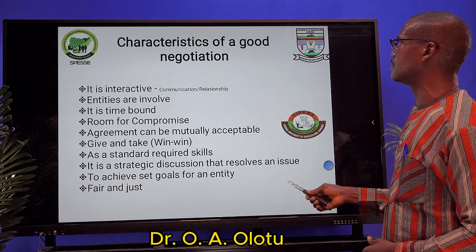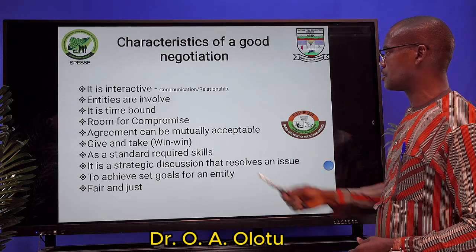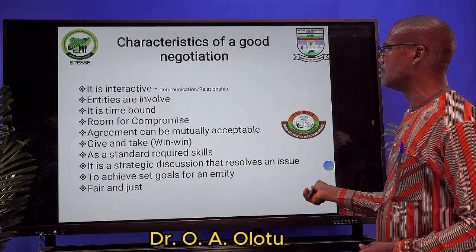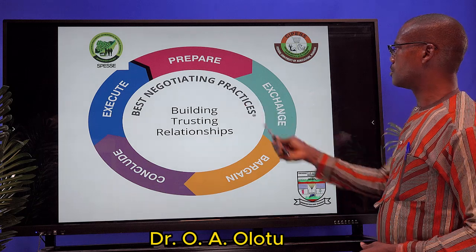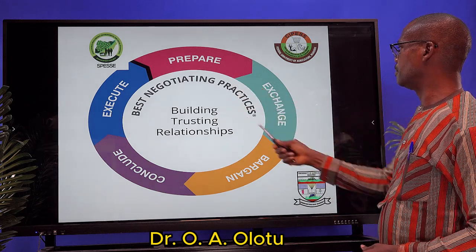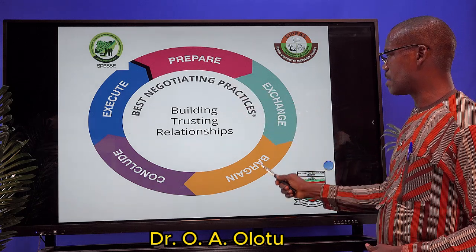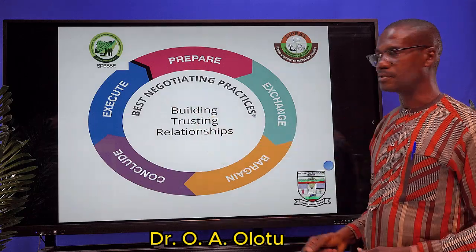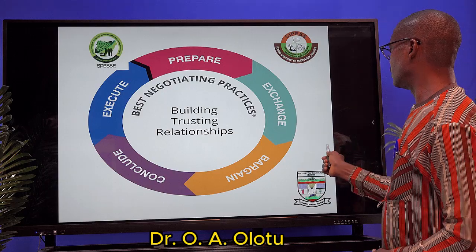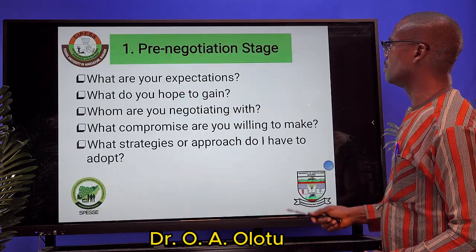These are the characteristics of a negotiation. There are so many of them that I've outlined on this document. Best negotiation practices: you have to prepare, you have to exchange, you have to bargain, you have to draw a conclusion, and then you have to execute. So this is the best approach that you have in the negotiation method.